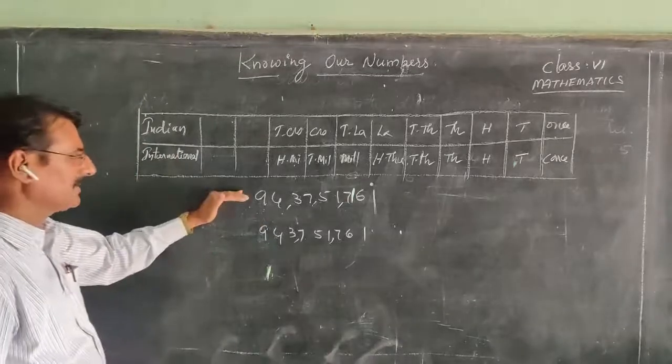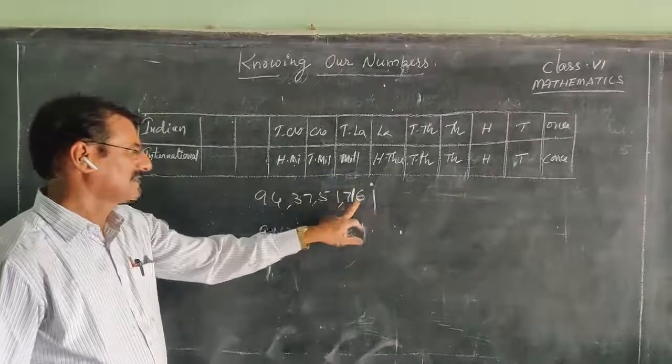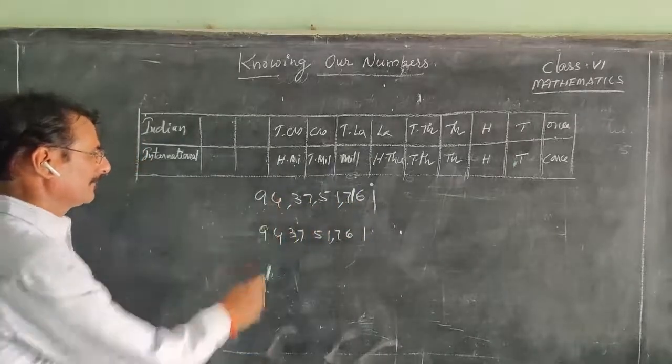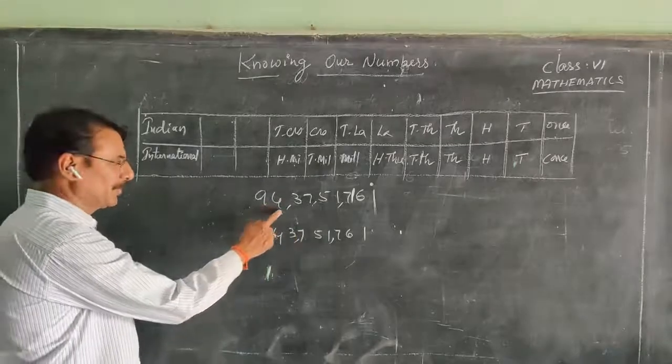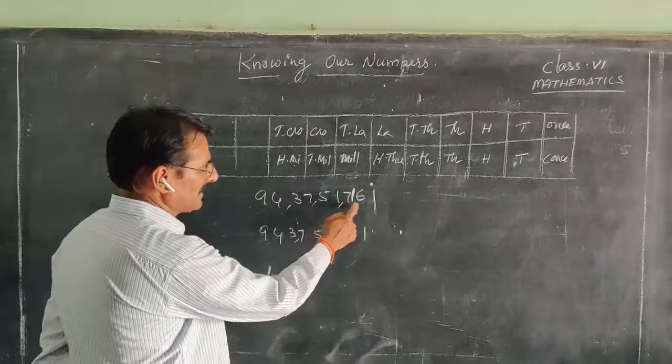How do we read this number in our Indian system? Ones, tens, hundred, thousand, 10,000, lakh, 10 lakh, crore, 10 crore: 94 crore, 37 lakh, 51,761.